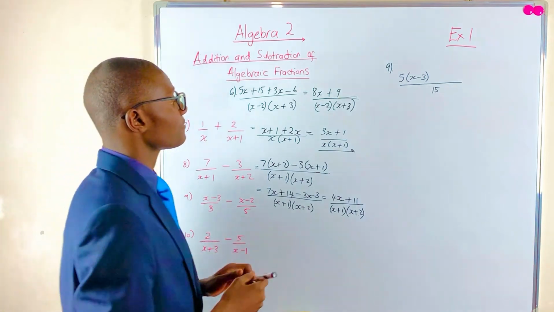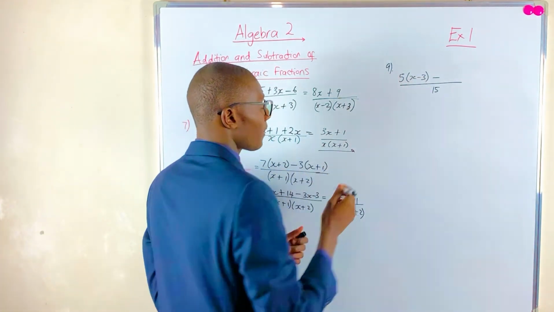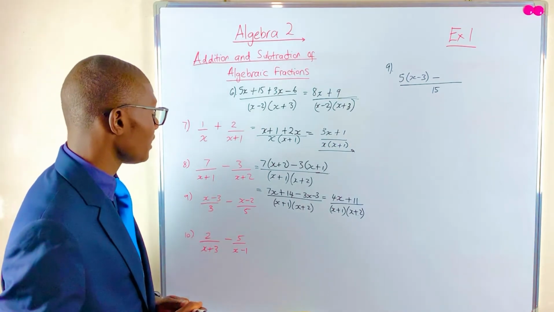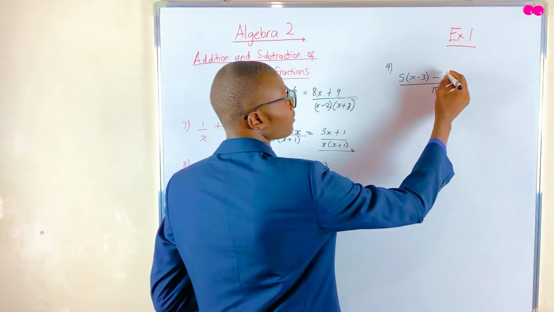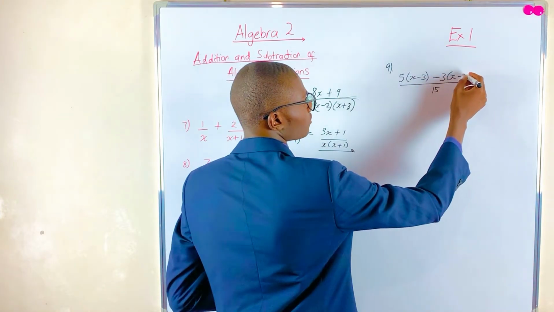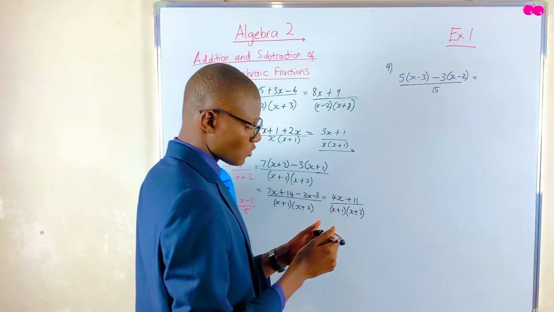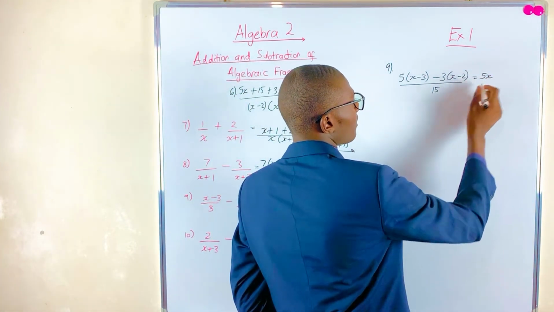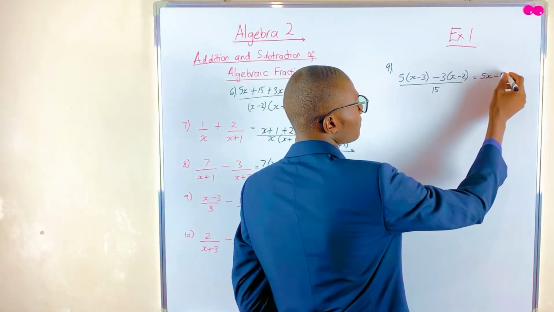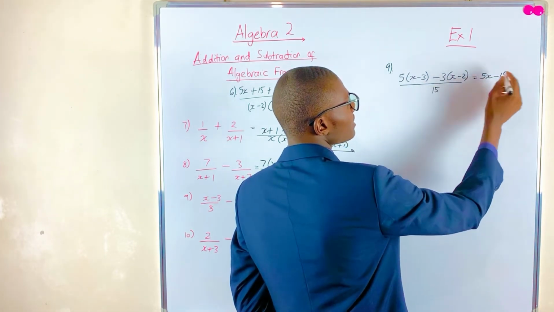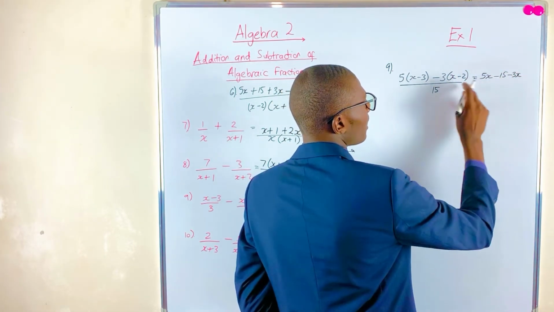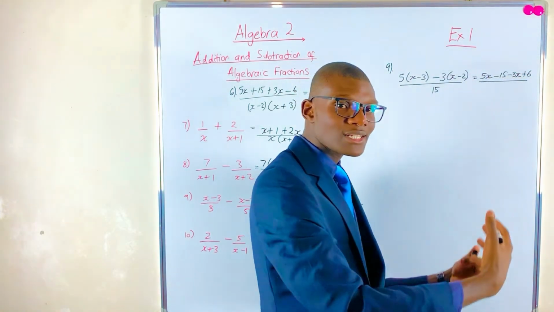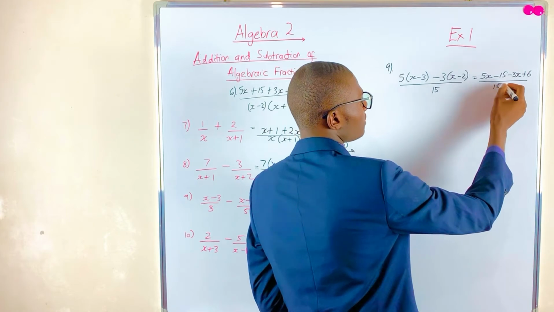Then minus, we put our sign there, and now we shall say 5 into 15, we get a 3, then 3 times x minus 2, and now of course we can simplify, 5 times x, we get a 5x, then 5 times minus 3, we get minus 15, then minus 3 times x, we get minus 3x. And minus 3 times minus 2, we get a plus 6. Since this is a minus times a minus, this is over 15.